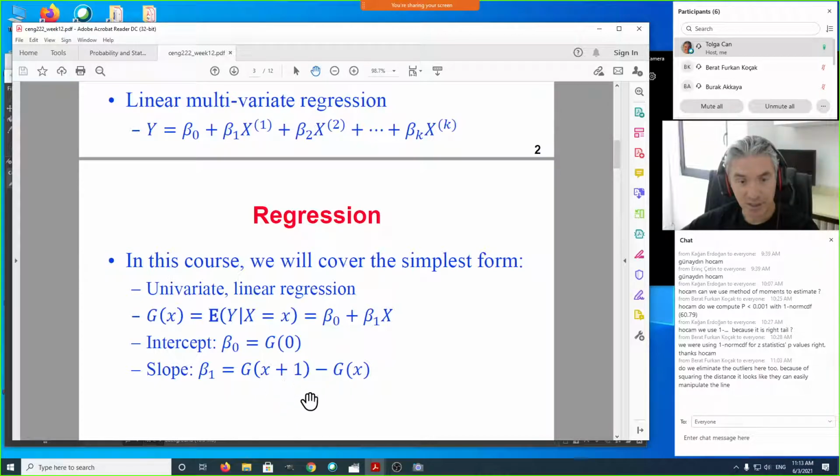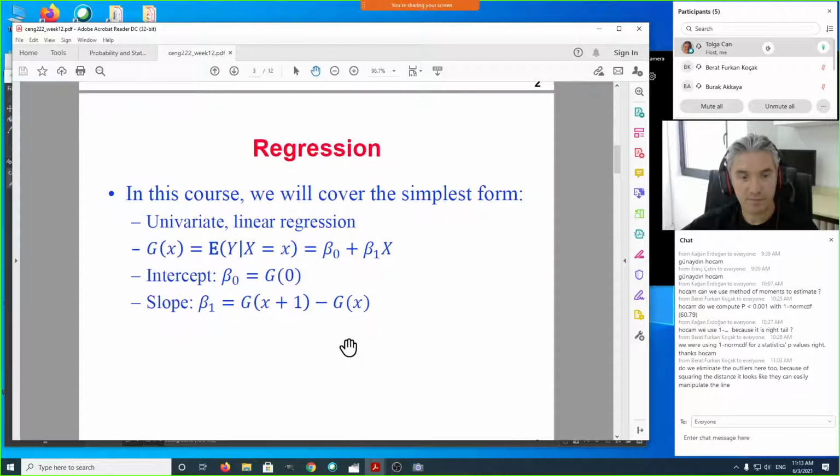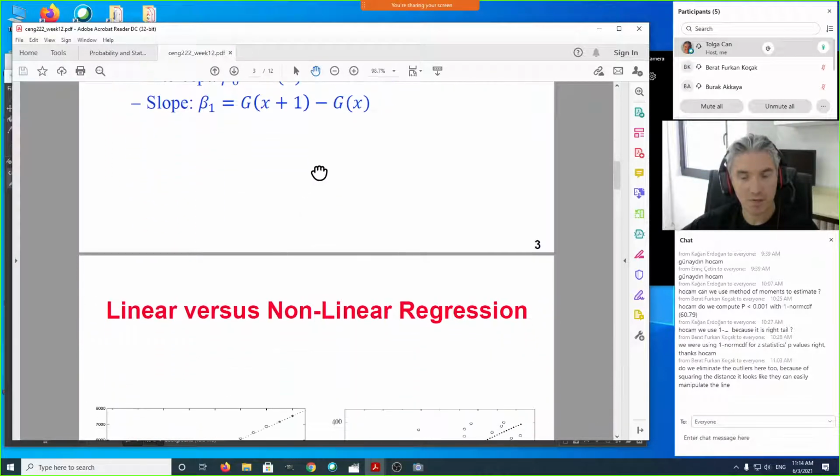And this is true for any value of x, which means that the slope of the line is constant along the line. This is a constant value for all values of x. That's why it's a line, okay? A constant, unit difference, that's our slope. How much your response variable changes with a unit increase in x, that's what beta 1 shows.